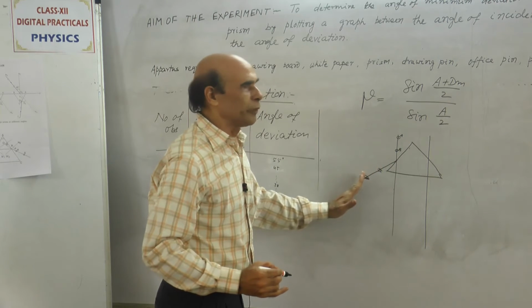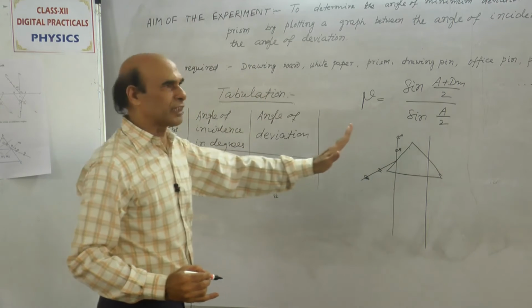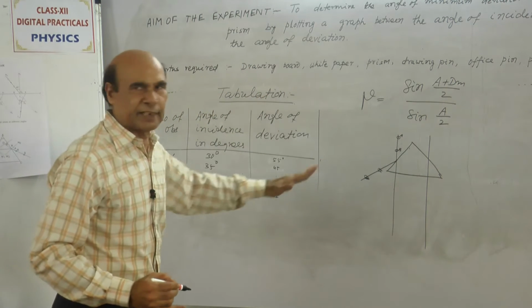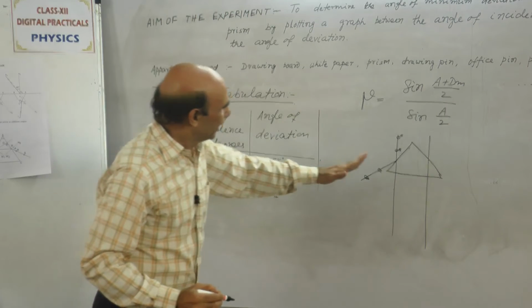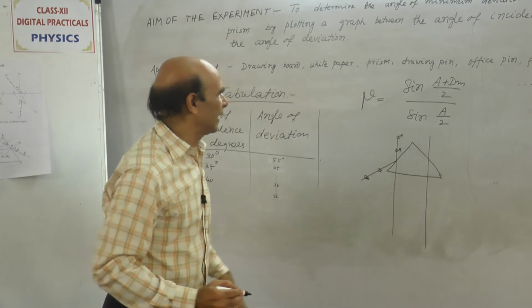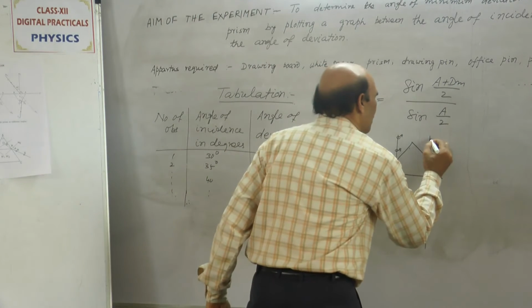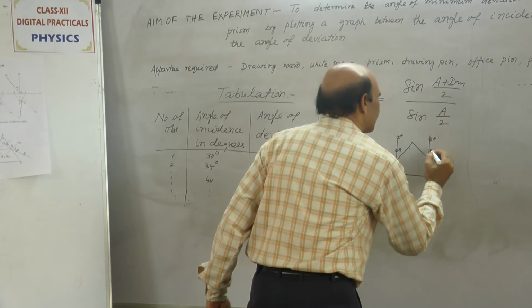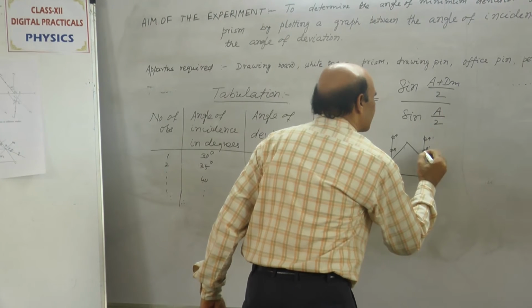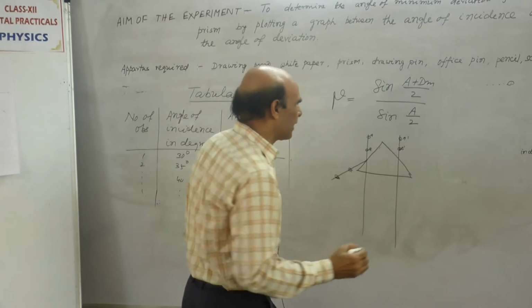Similarly, put the pin D so that the images of A, B and C, D will be in one straight line. Similarly, on this side also, put two pins, say A dash, B dash, around 1 cm apart.